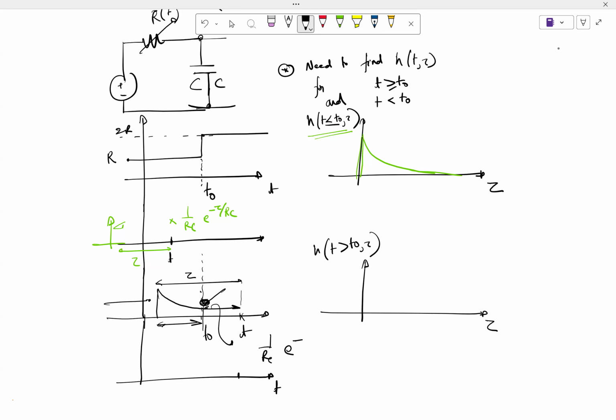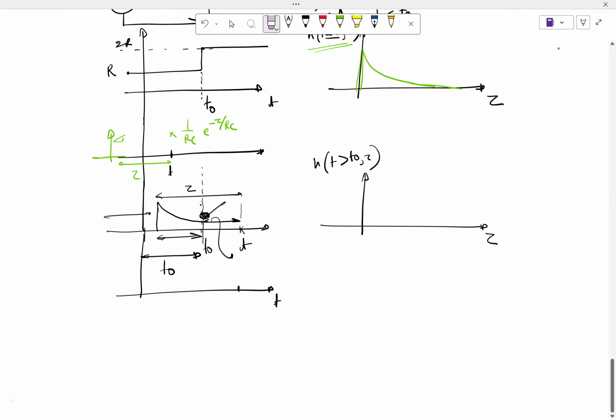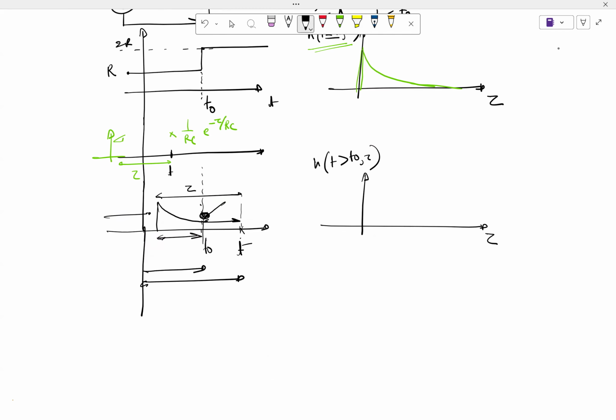See, this is T naught. Okay, so let's see. This is T. This is T naught. And this is tau. Correct? So what is this then?